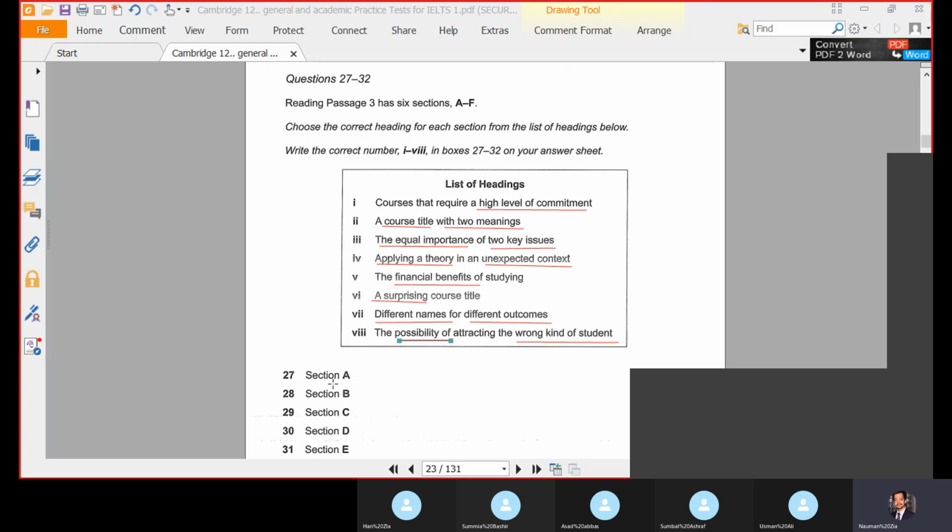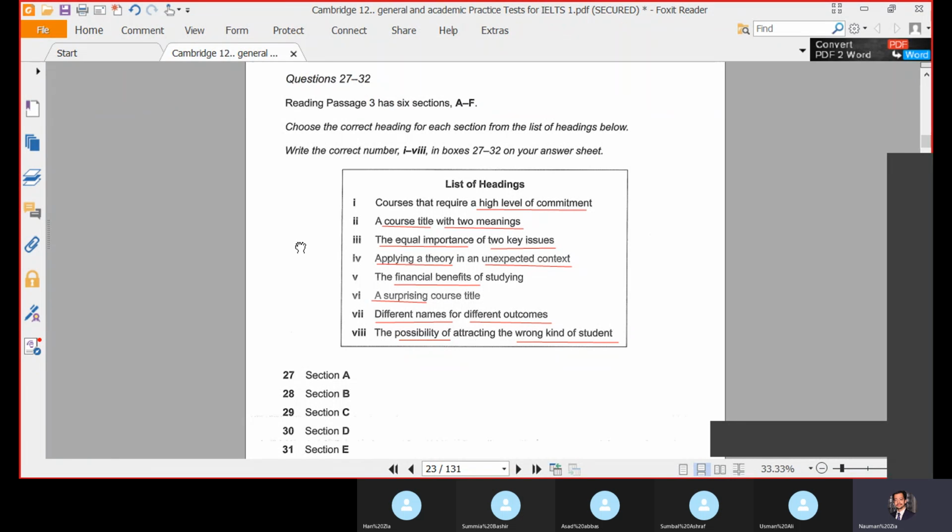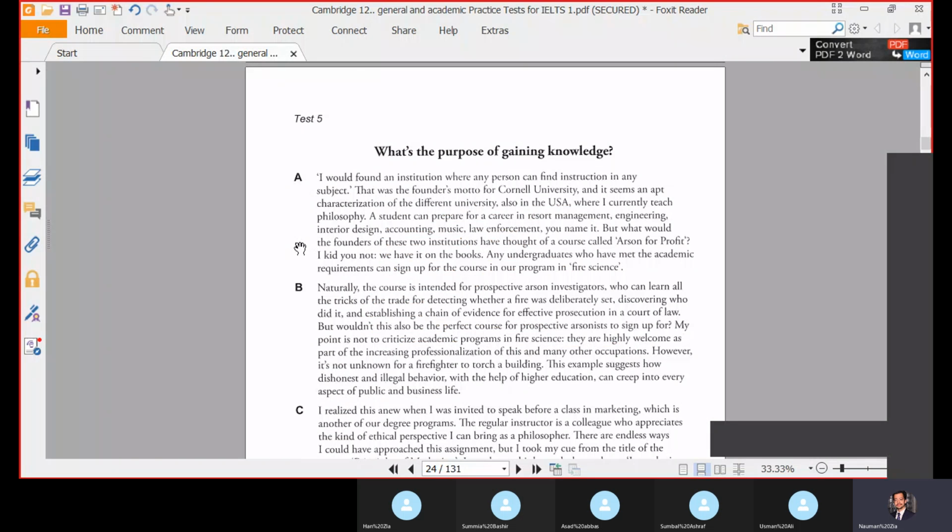Question number 27 is to read the section A. Now let's move on to the A. "I would found an institution where any person can find instruction in any subject." That was the founder's motto for Cornell University, and it seems an apt characteristic of the different university also in the USA, where I currently teach philosophy.